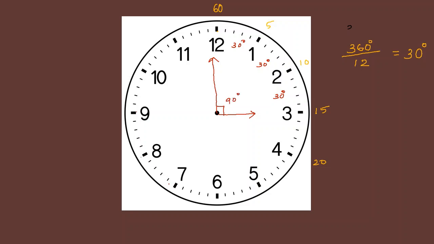Now if this same thing comes to 6 o'clock, instead of 3 it is standing at 6, then what will be the angle of rotation? This will be 180 degree. Yes, it will be a straight angle, isn't it? As I taught you in direction, same way.